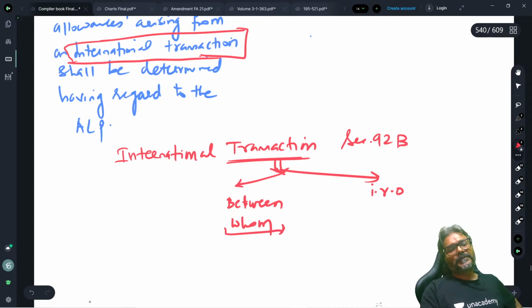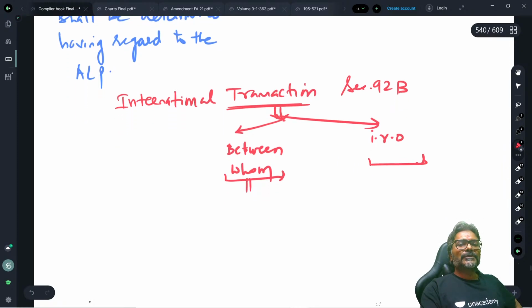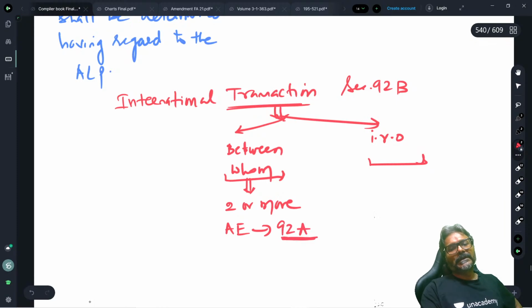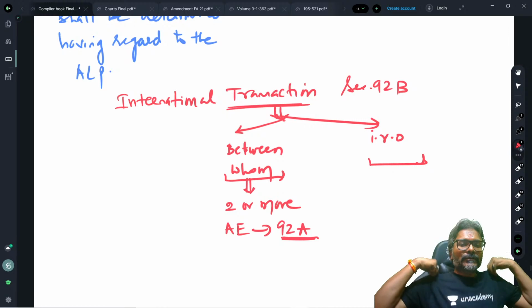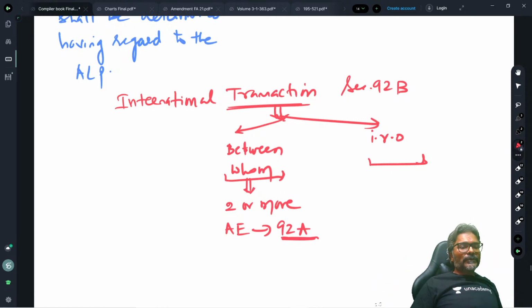The transaction should be between two or more associated enterprises, and this associated enterprise definition, students, is given in section 92A. As it goes over here, the associated enterprise definition is given to you under section 92A. So that is how things are given over here.